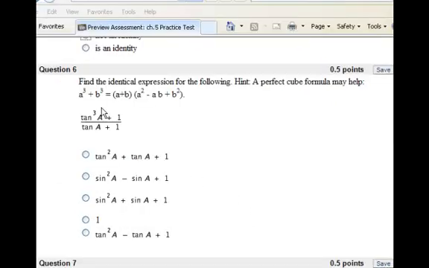Okay, question 6 says find an identical expression for this one here, and then hint, a perfect cube formula may help. So I'm going to do that one. I have to move it out of here. So this one said tangent cubed a plus 1, divided by tangent a plus 1.